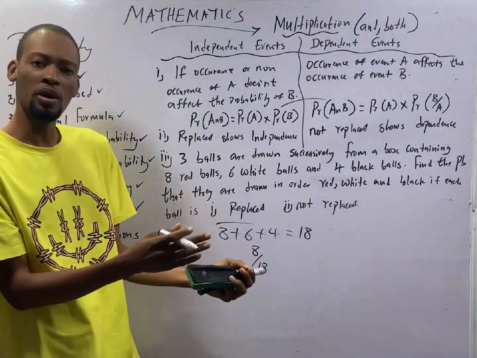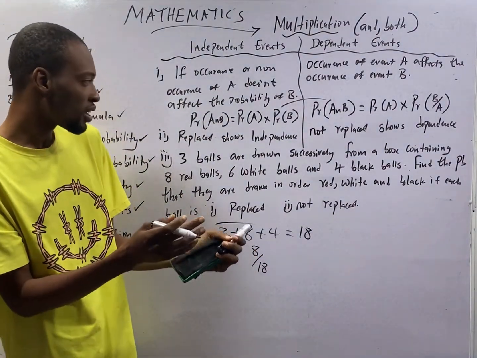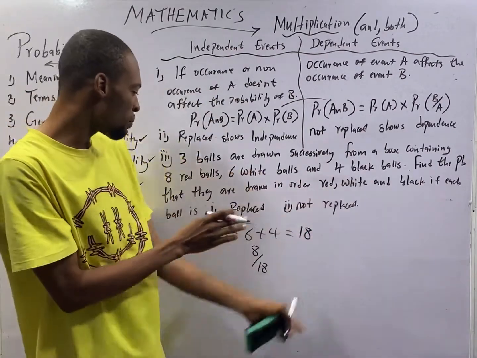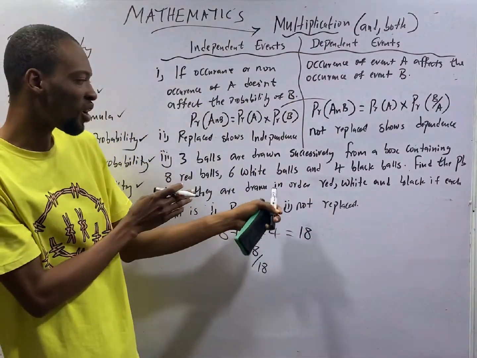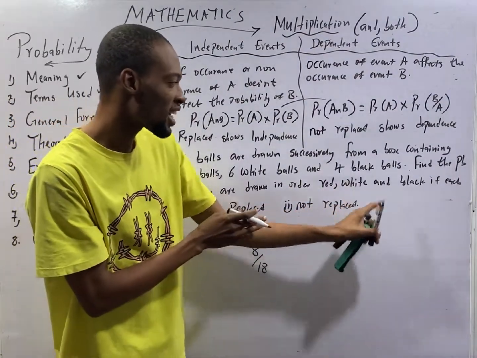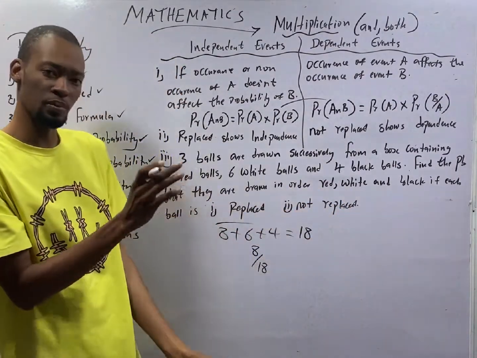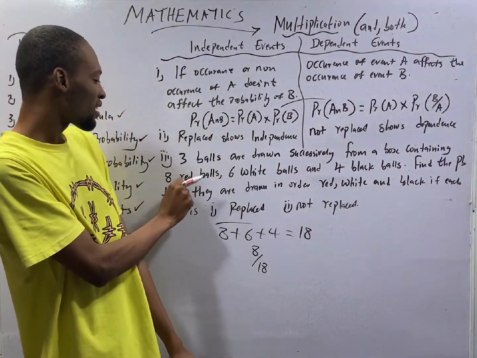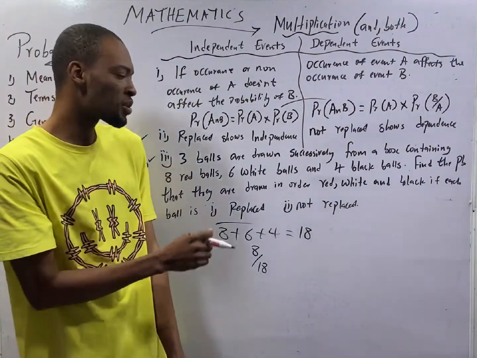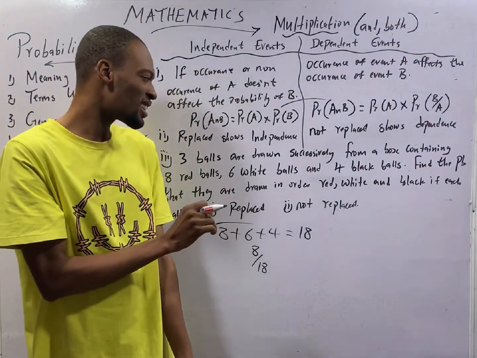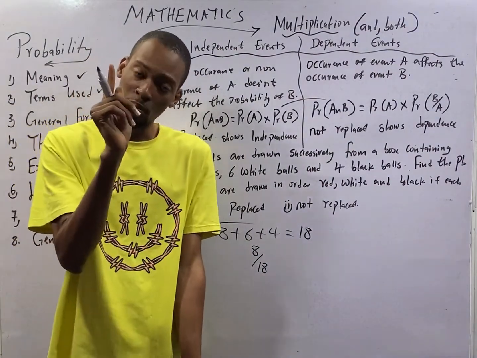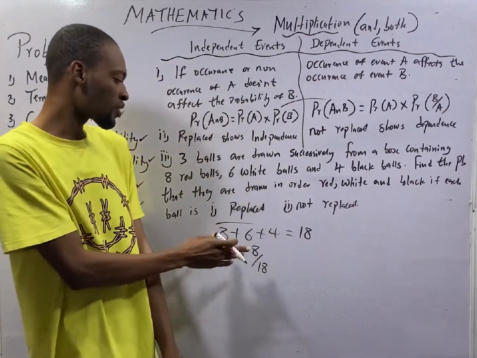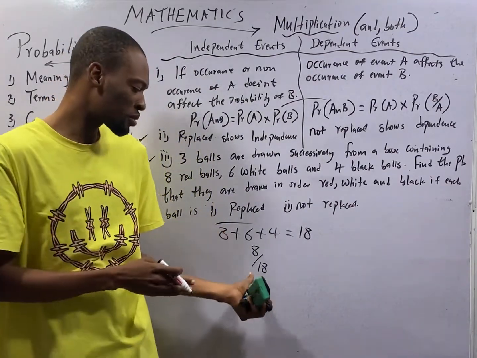After picking a red ball, you replace it, right? If you take a particular ball out of the balls, the chance that it is red is the number of red over the total number of balls.